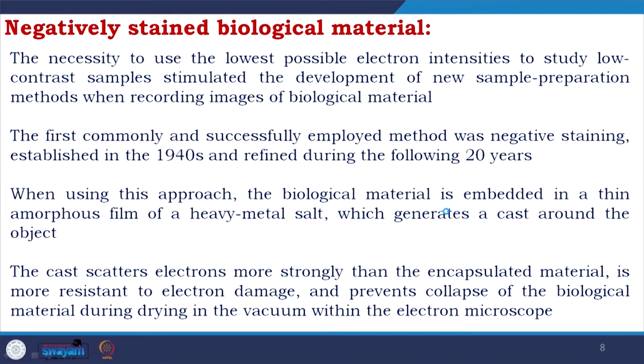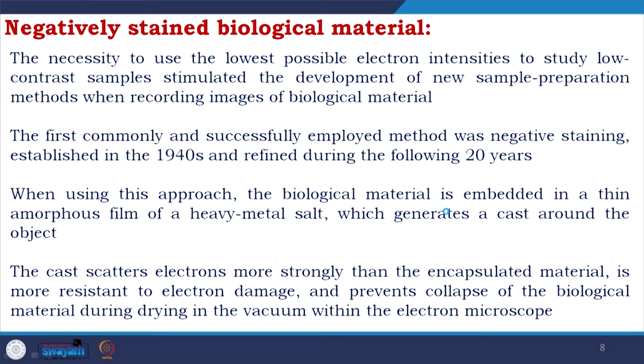When using this approach, the biological material is embedded in a thin amorphous film of a heavy metal salt, which generates a cast around the object. The cast scatters electrons, as we have already talked about, more strongly than the encapsulated material, is more resistant to electron damage, and prevents collapse of the biological material during drying in the vacuum within the electron microscope.